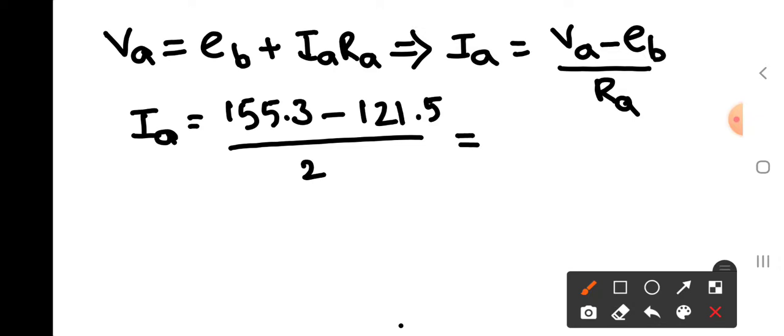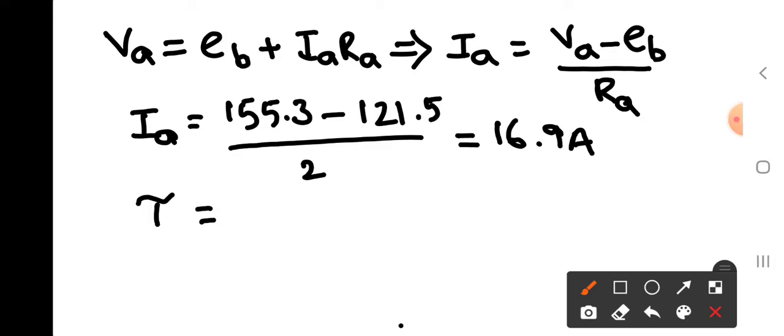Hence, how much armature current? It is approximately 16.9 amperes. Okay. Now the torque equation, he asked to find the torque.